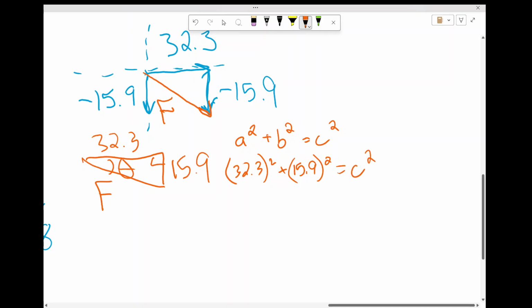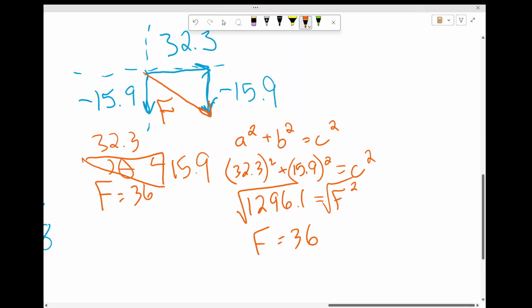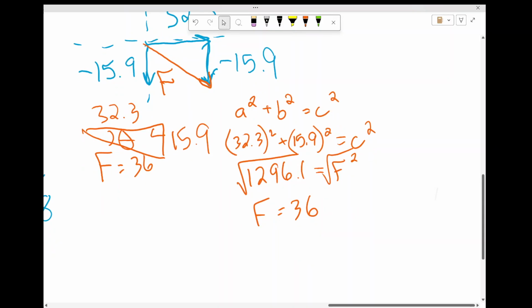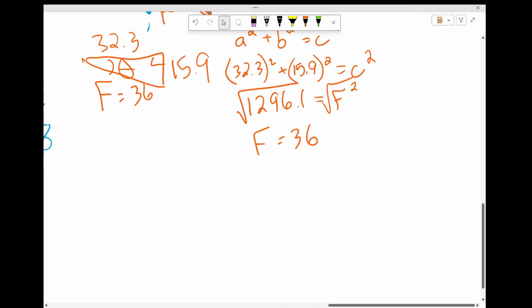So 32.3 squared plus 15.9 squared is 1,296.1, and that technically is F squared, so we take the square root of that, and we get that F is 36. Wow, right on the dot. 36.001, but we're going to call it that. So F is 36.